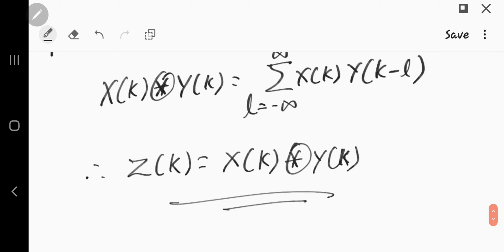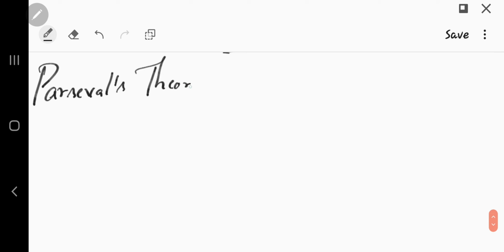Okay. So this is for the modulation property, and moving to the next one, that is Parseval's theorem.